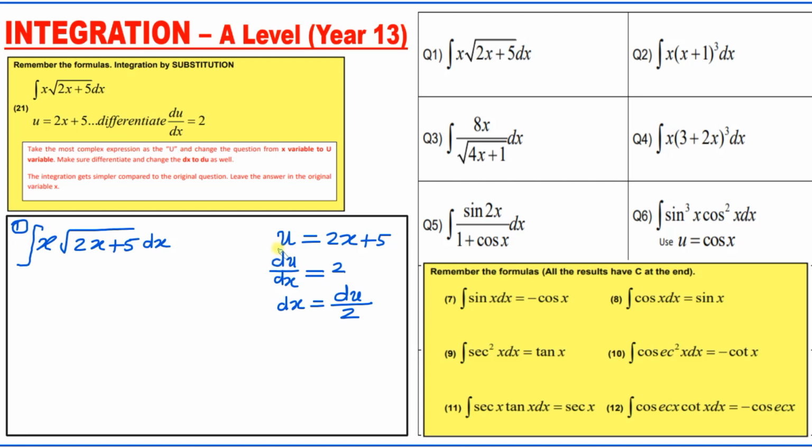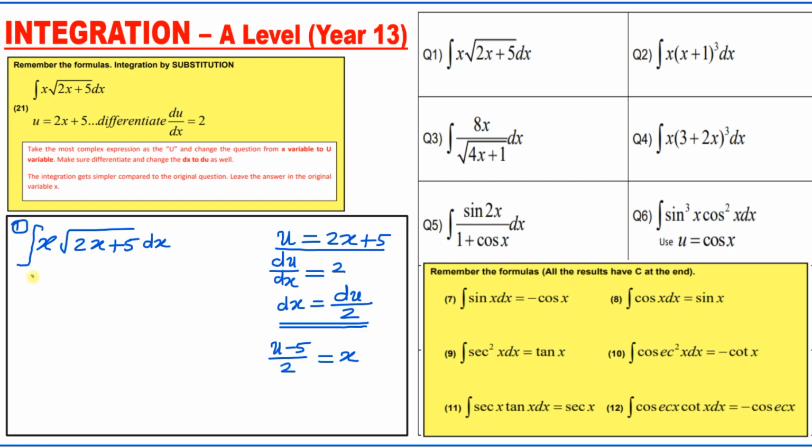That is the differentiation of u equals 2x plus 5. One more thing you need to do is make x the subject in the u formula. So x is u minus 5 divided by 2. That is another piece of work you need to prepare.